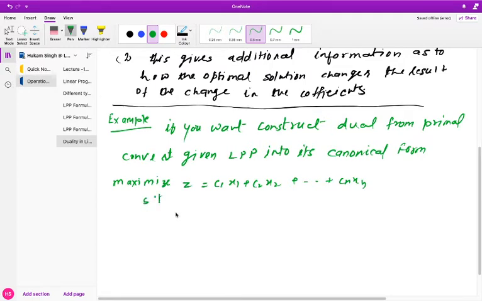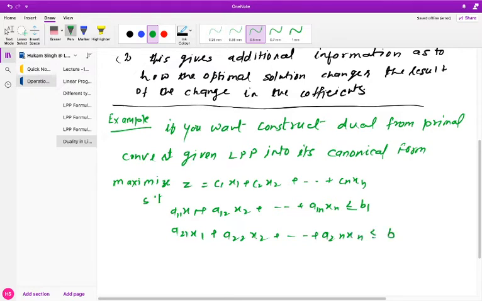The constraints are a11 x1 plus a12 x2 plus dot dot a1n xn less than or equal to b1, and a21 x1 plus a22 x2 plus dot dot a2n xn less than or equal to b2, and the last constraint can be written as am1 x1 plus am2 x2 plus dot dot plus amn xn less than or equal to bm.